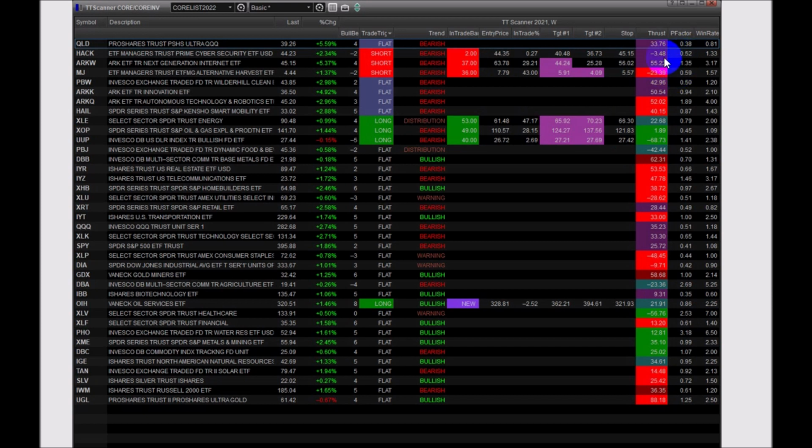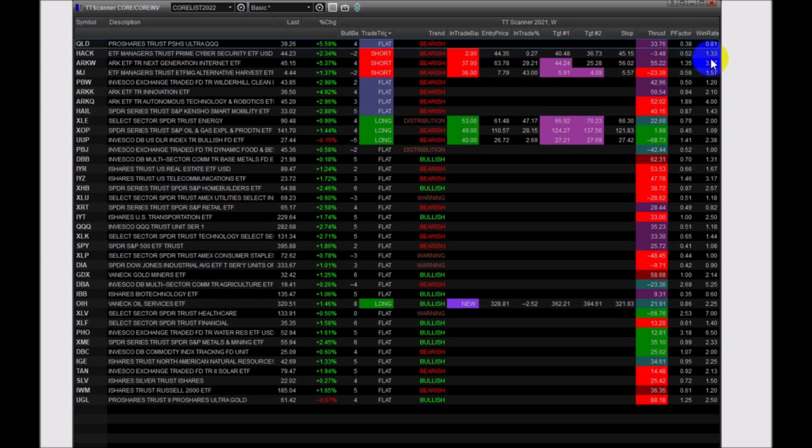This one is a short trigger, minus 3.48 in purple for thrusting, telling us that the market is not moving aggressively downward. It is moving moderately downward. We have a profit factor of 0.52, meaning basically a 50-50 chance of profits.